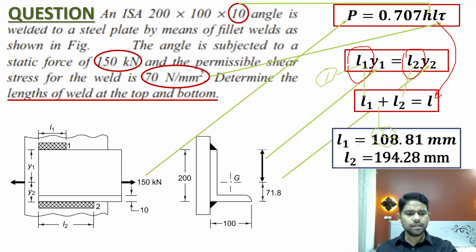This is your answer. The value for L1 is 108.81 mm and the value for L2 is 194.28 mm. If you solve this problem correctly and with proper units, you will get these answers.